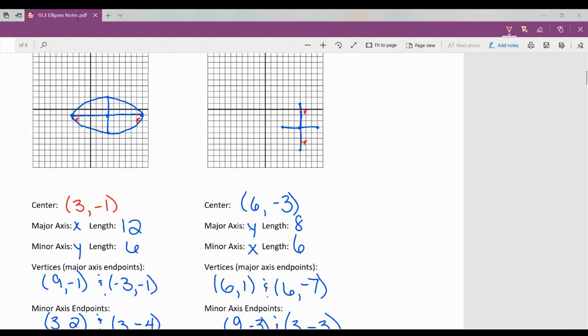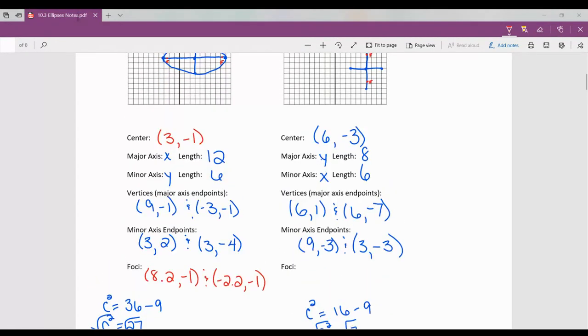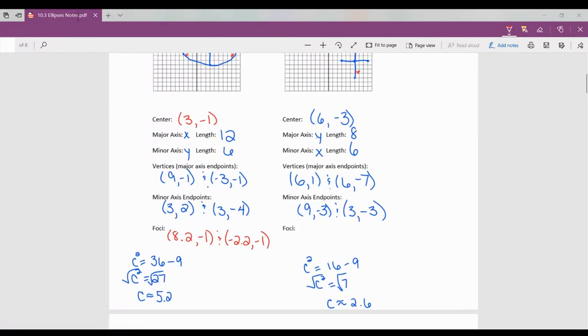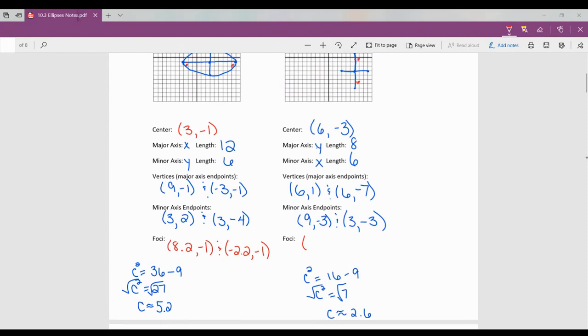All right, because my foci should lie on the major axis, my foci are going to be 6, comma, 2.6 up gives me negative 0.4, and 6, comma, 2.6 down gives me negative 5.6.